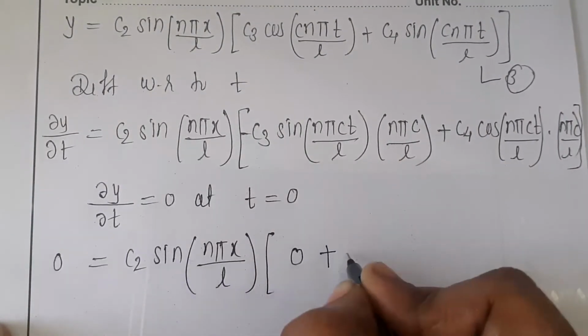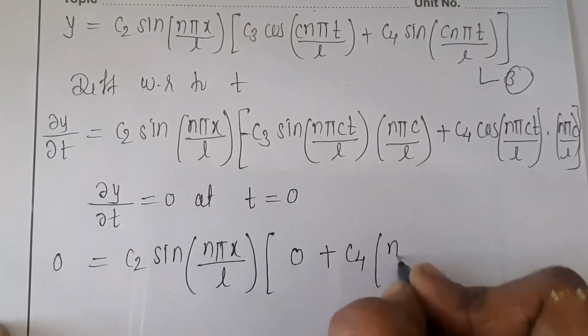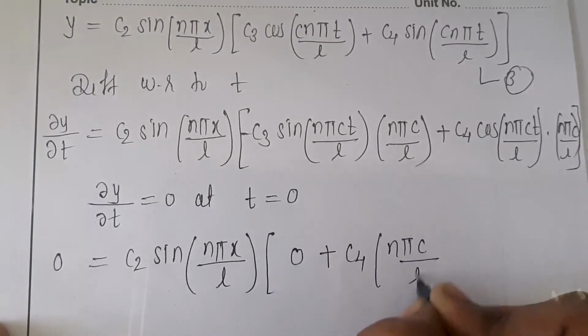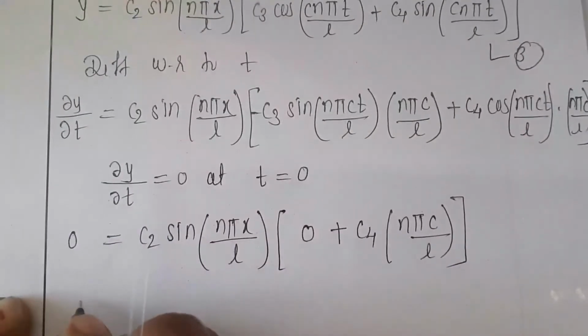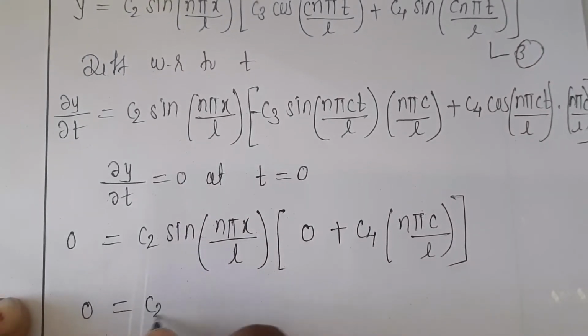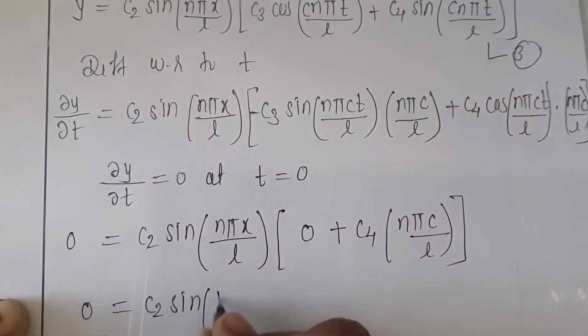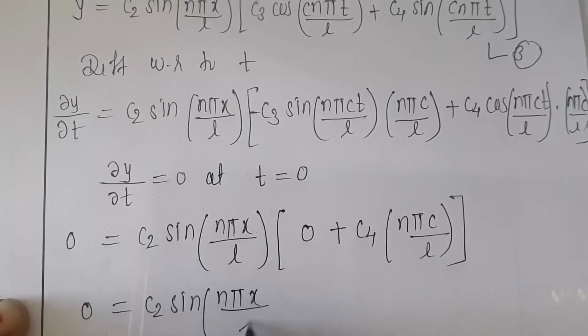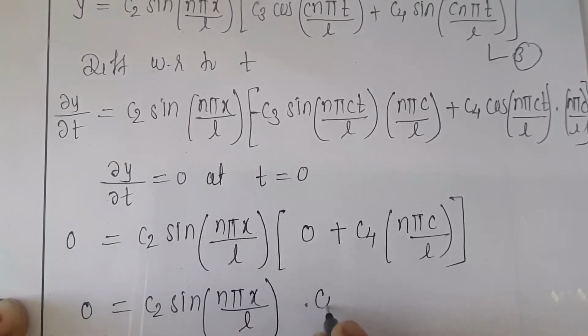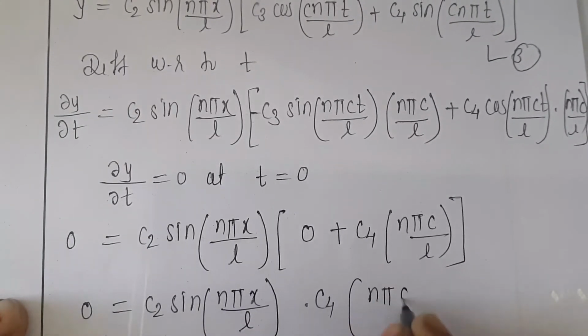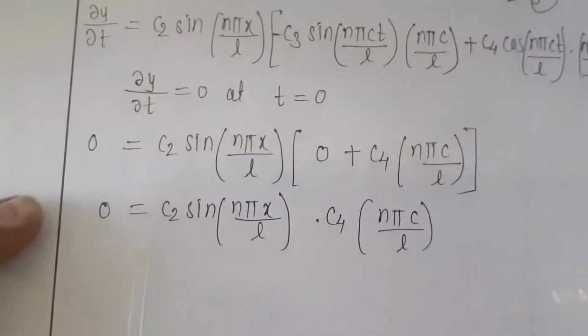The next remaining term is C4 multiplied by n pi C by L. So 0 is equal to C2 multiplied by sin n pi x by L multiplied by C4 into n pi C by L. Now observe it carefully.